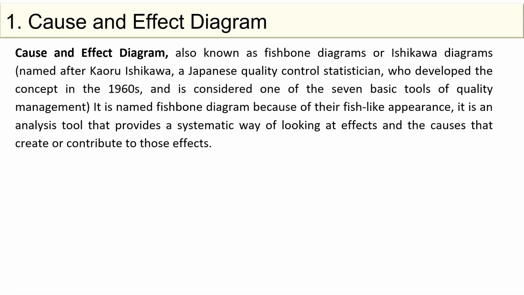It is named fishbone diagram because of its fish-like appearance. It is an analysis tool that provides a systematic way of looking at effects and the causes that contribute to those effects.